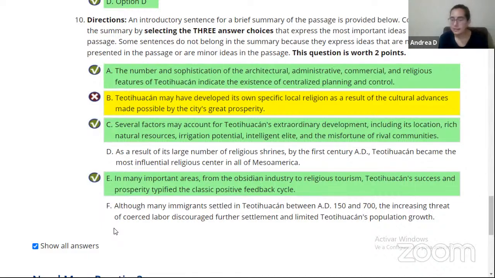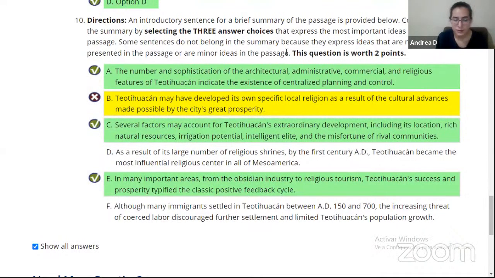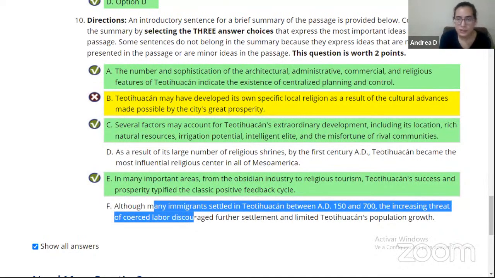Okay, so the best thing I could say here is just make sure that you don't choose any option that includes very specific details. That's too specific to be the one. And that's actually something that they say in here, don't include any minor ideas. So if you look at F, for example, they talk about immigrants, how they settle in Teotihuacan between this period of time, coerced labor, what have you. So the mistake that most people will make is they will read this and say, oh, I do remember, it rings a bell.